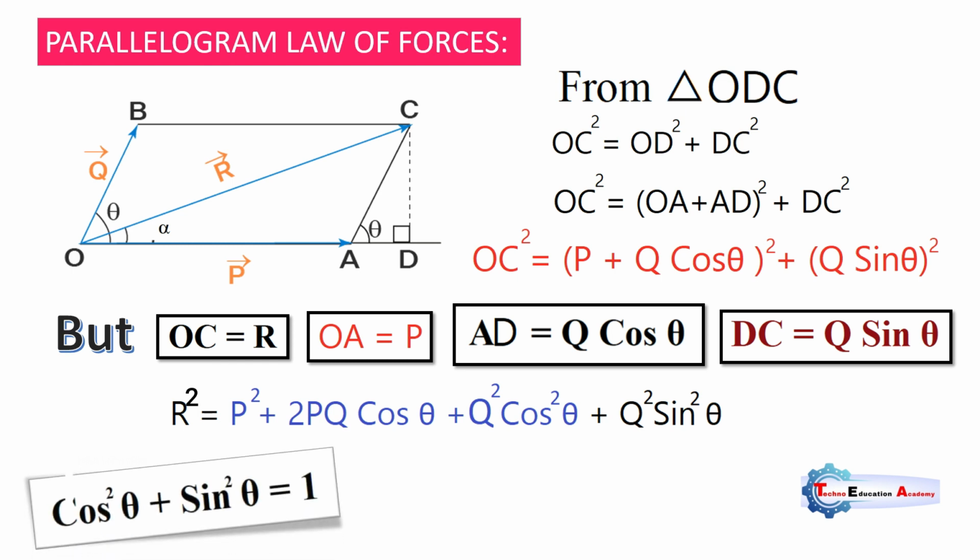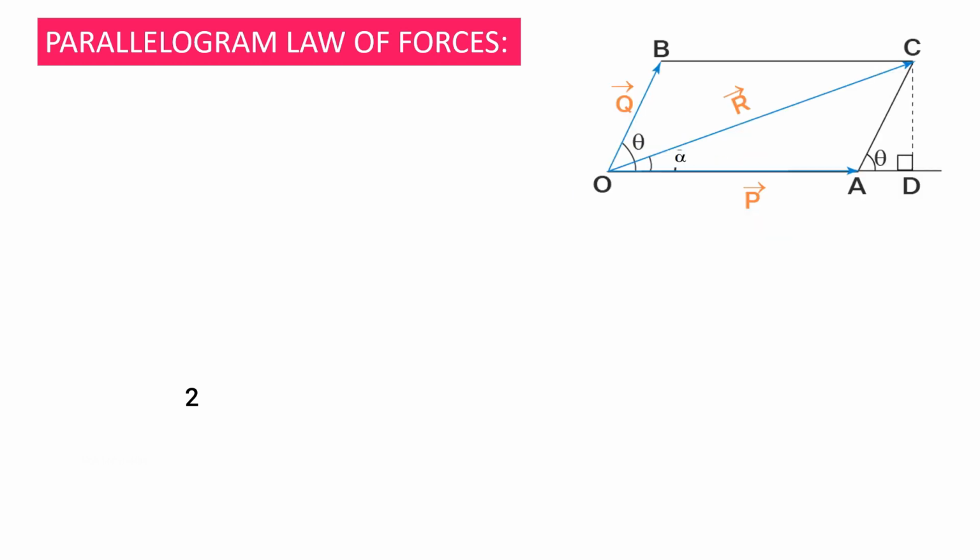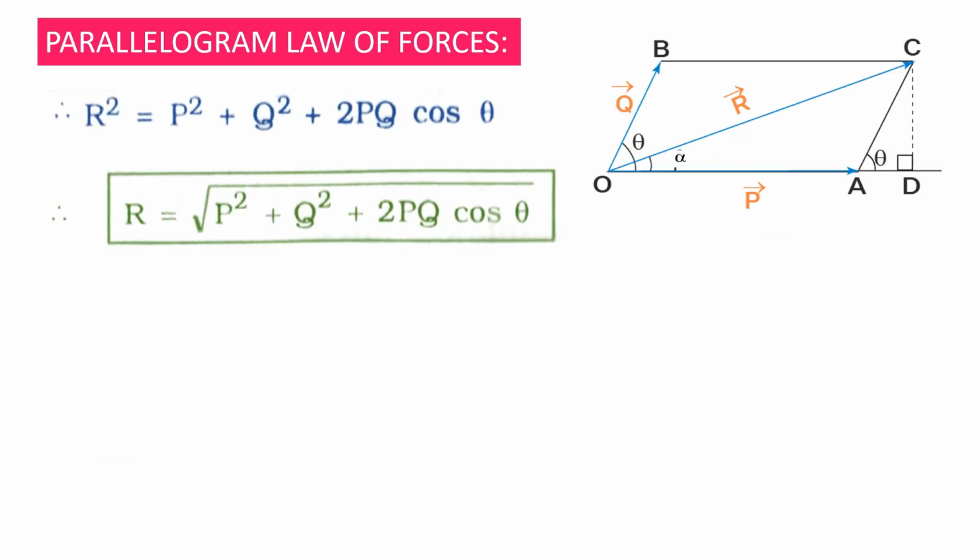But we know that sin square theta plus cos square theta equals 1, and here the Q square term is common, so we keep it outside the bracket and put the value cos square theta plus sin square theta equals 1. So the equation of resultant force is R square equals P square plus Q square plus 2PQ cos theta.